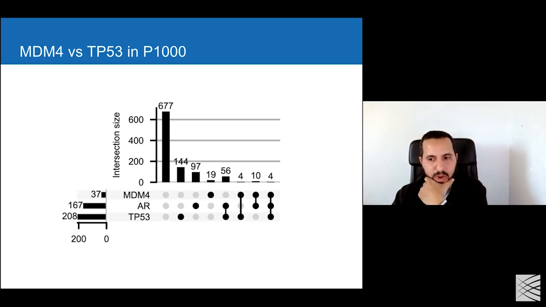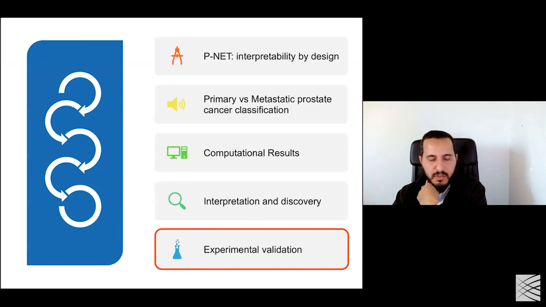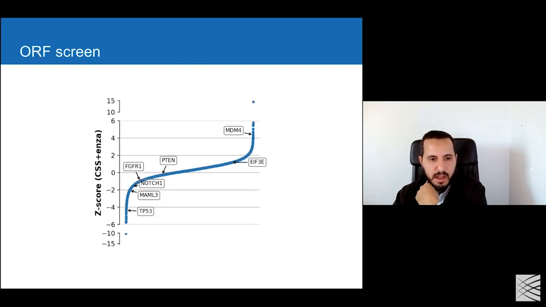So, we thought that we may have some interesting biology here that we would like to follow up with experimentally and see if our computational nominations have any biological meaning. So we went to our friends in the Bilhan lab, and our friend Justin helped us with one of his nice screens that was published recently.